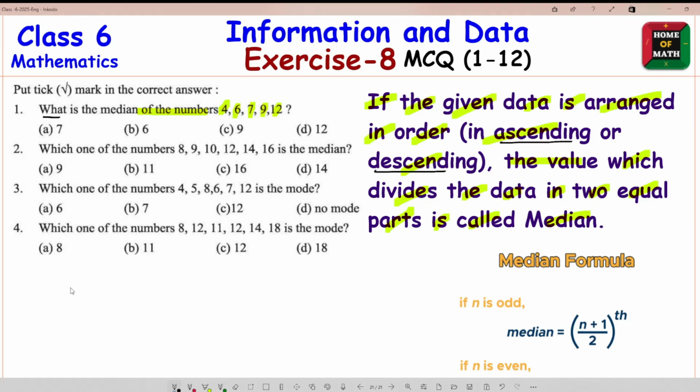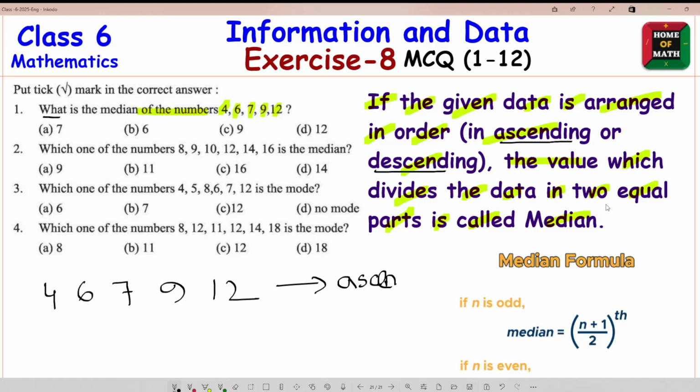It means higher to lower or lower to higher. Suppose here is 4, 6, 7, 9, 12. This is ascending order.